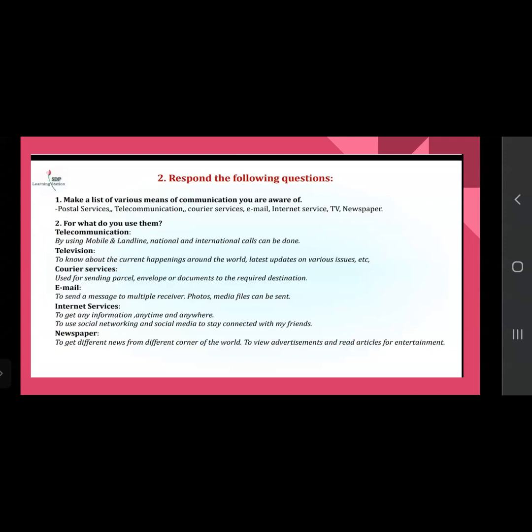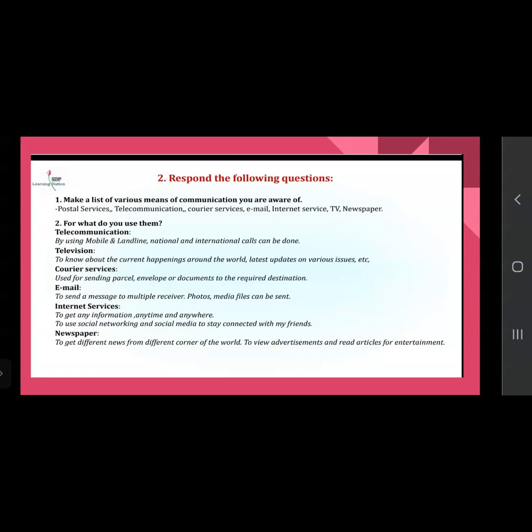Then email: to send a message to multiple receivers, and photos and media files can be sent. When we want to send one message to many people, email is very good, and many people can receive it at one time.